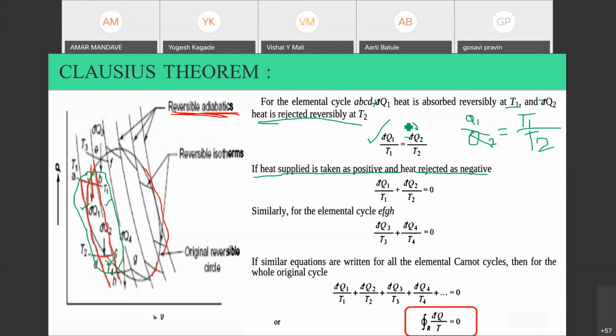Taking this term to the left-hand side, dq1 upon T1 plus dq2 upon T2 is equal to 0. This is for the very small cycle ABCD, for one section.